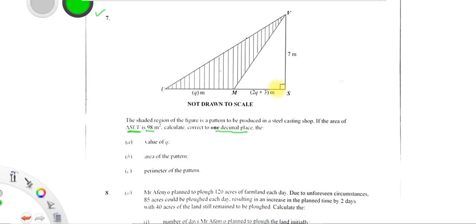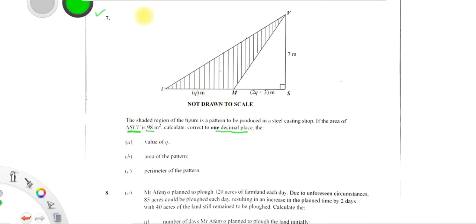This side is 90 degrees, so both the bigger triangle SUV and the smaller one SMV are right angled triangles. So Pythagoras theorem applies here. First of all, we are supposed to find Q.